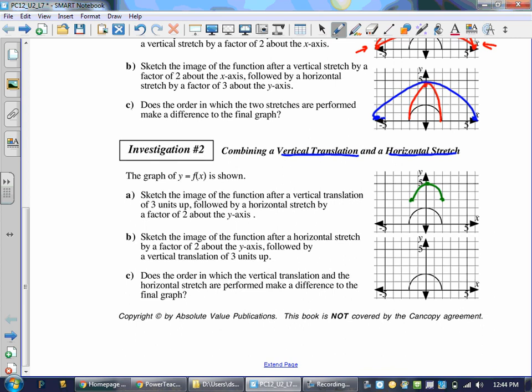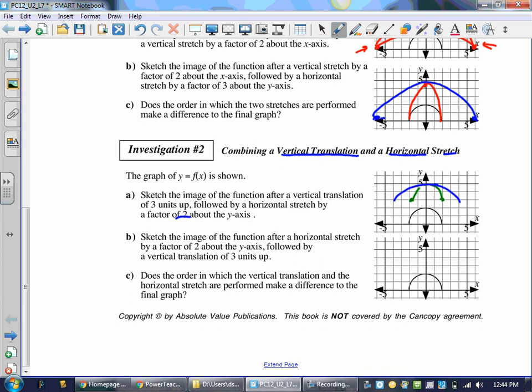And now let's stretch it by a factor of 2. So all the x values change. 2 becomes 6, negative 2 becomes negative 6, and 0 doesn't change there. So we end up with the blue line looking like that. Oh, I'm sorry, we're doing it by a factor of 2. You're right, I was doing it by a factor of 3. So it only becomes 4.